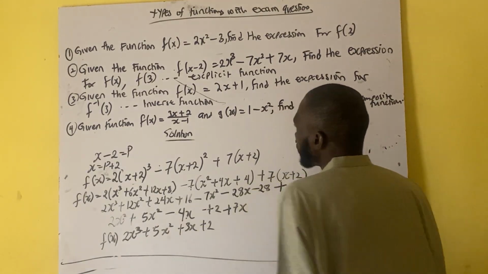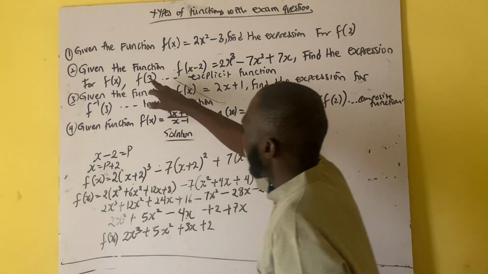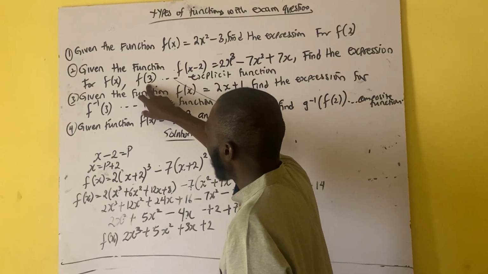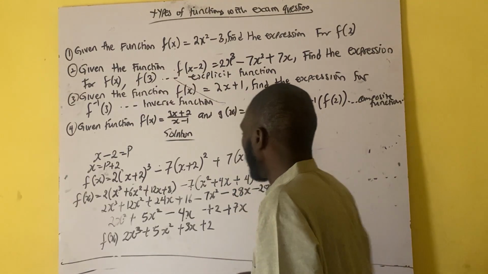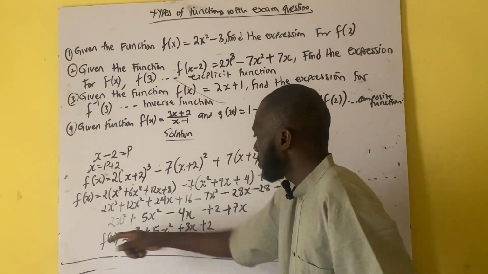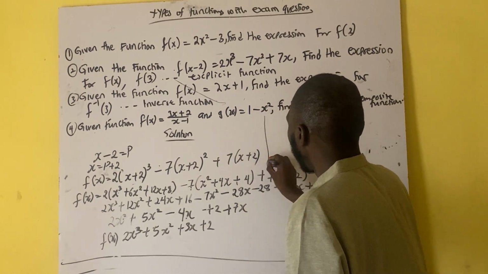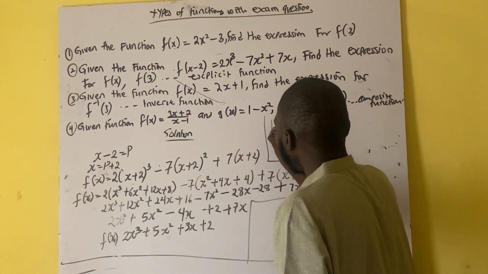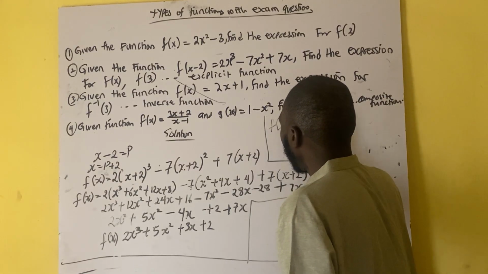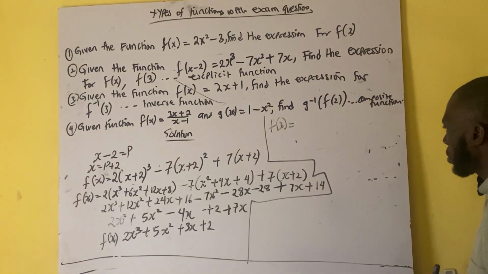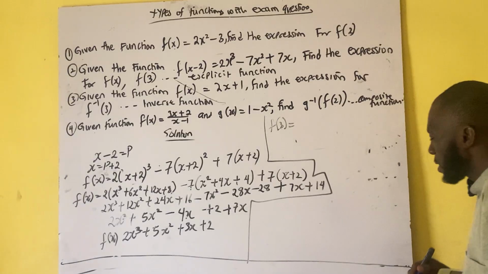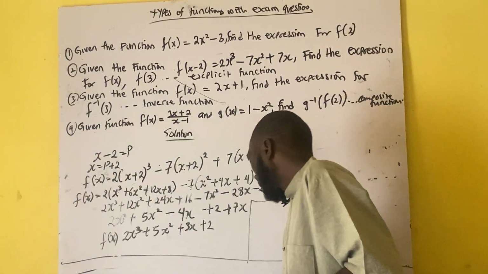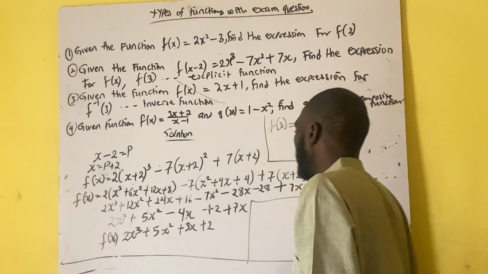What we have here. So we now have to find for the f of 3, that is, if anywhere I see x, I'm going to have my 3 here. So that means that for what I have in this case, let me continue from here. Let's say I have 3 there. How am I going to go about it? Anywhere I see x, I'm going to have my 3 inside it.